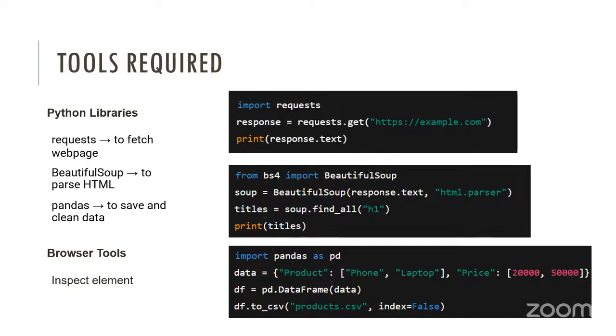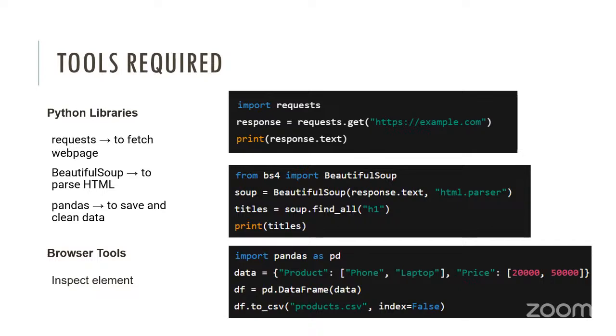Think of it like this: when you type a URL in your browser and press enter, the browser sends a request to that website and the website sends back the page. The requests library does the same thing but inside Python code.